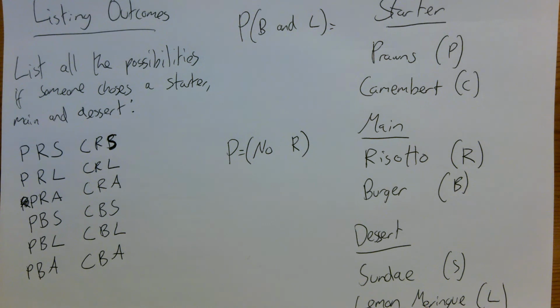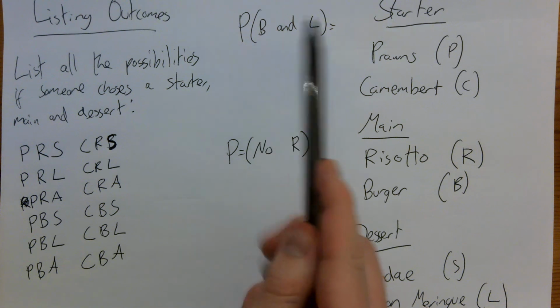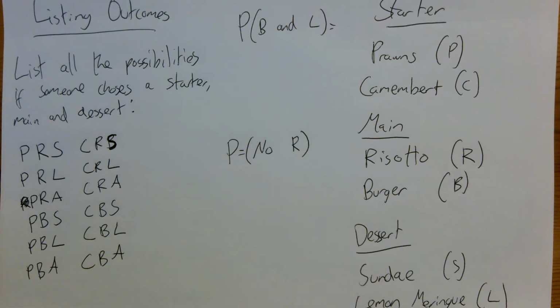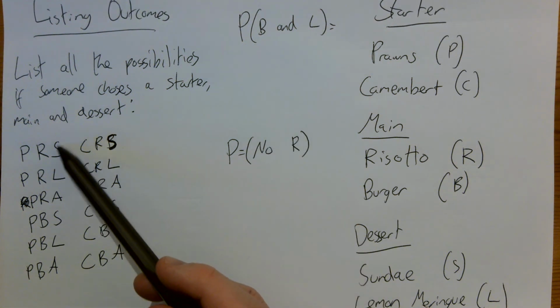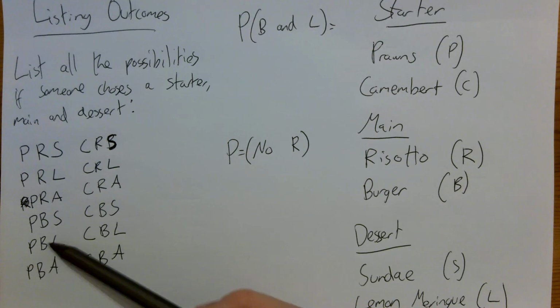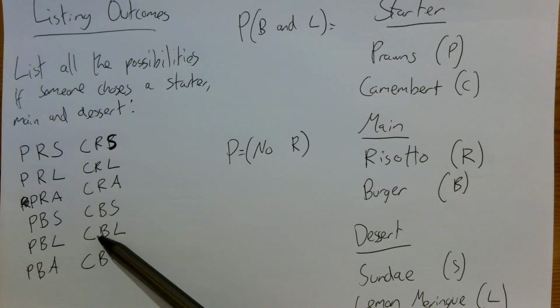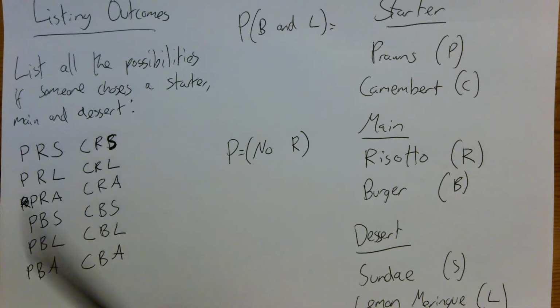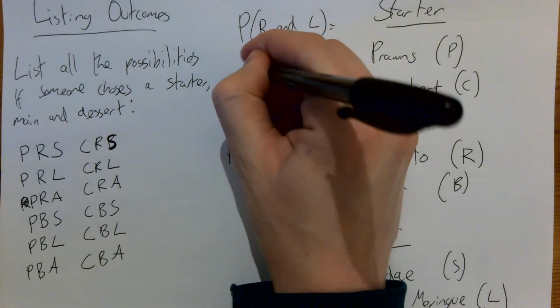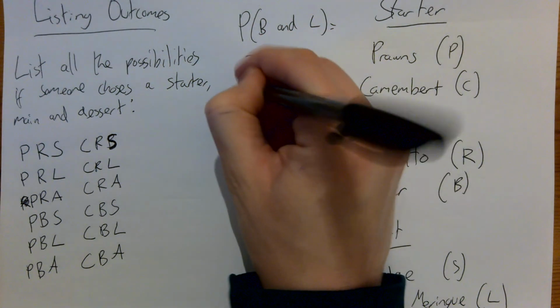There are 12 possibilities, as you can see, altogether. So the probability of a burger and a lemon meringue, well, let's have a look. How many options are there with a burger and a lemon meringue? There's one there, another one there. So there are 2 with a burger and a lemon meringue out of 12 altogether.